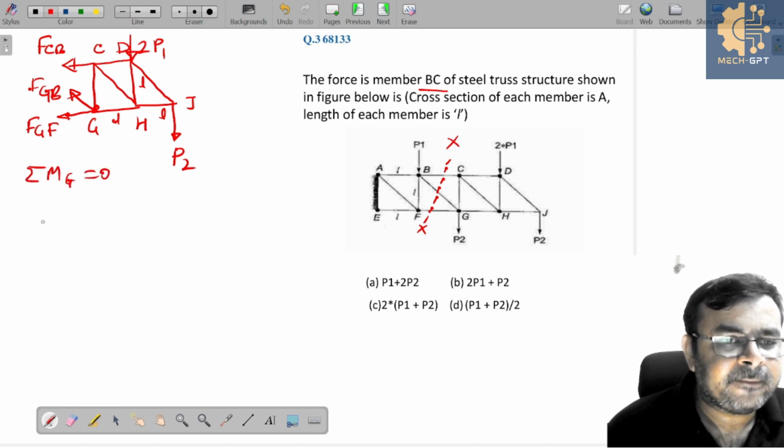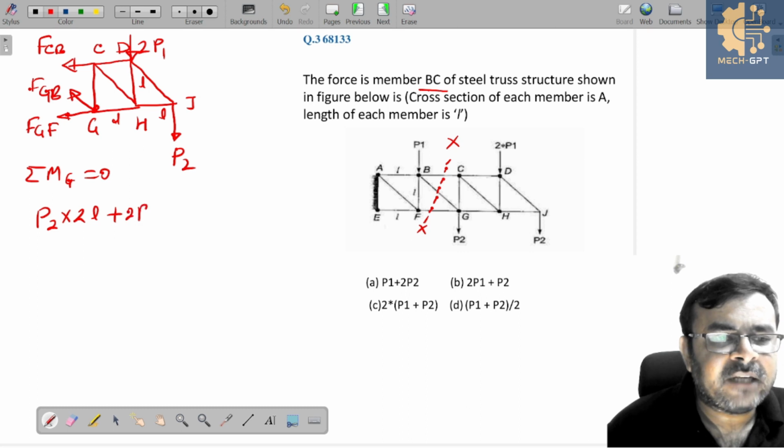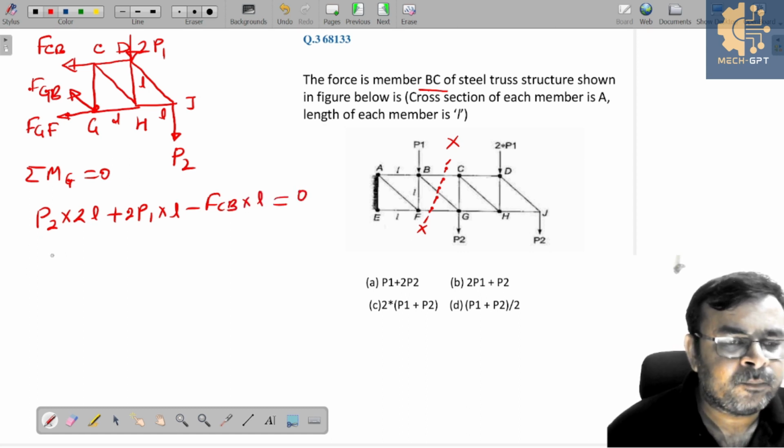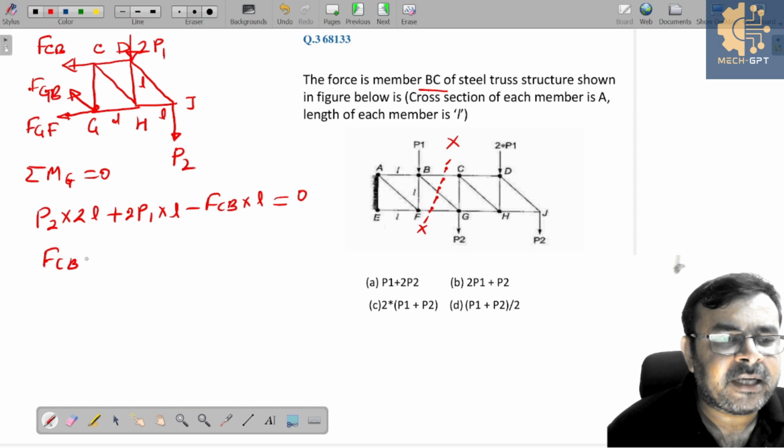So can I say P2 into 2 times L, this is acting clockwise, plus 2 times P1 into L, this is also acting clockwise, minus FCB into L, this is anti-clockwise, that's why it will be taken as negative. So from this simply you get FCB is equal to 2 times L P1 plus P2 over L.